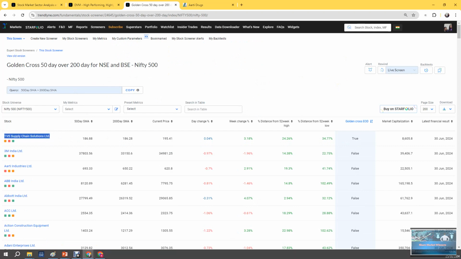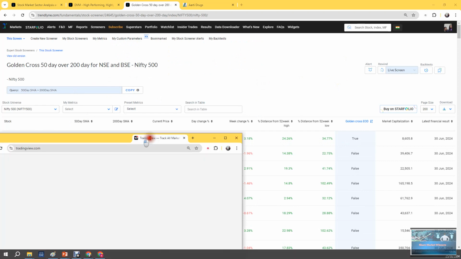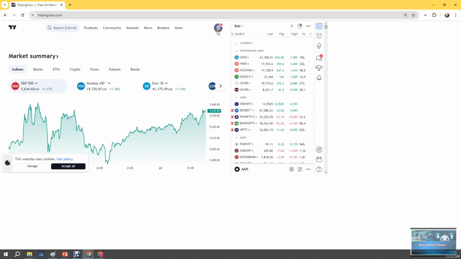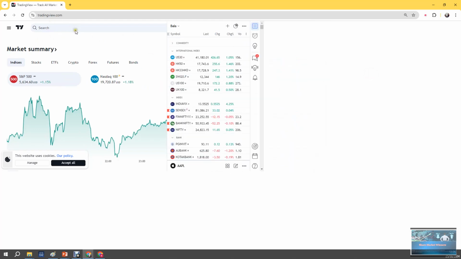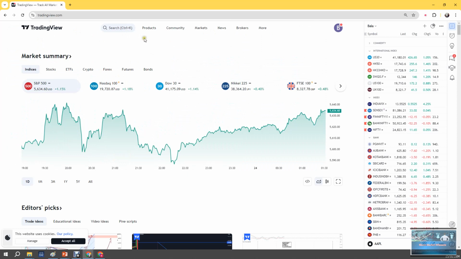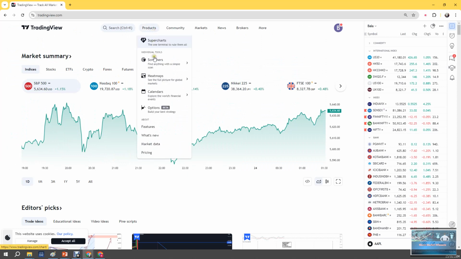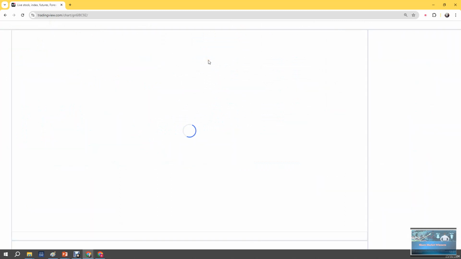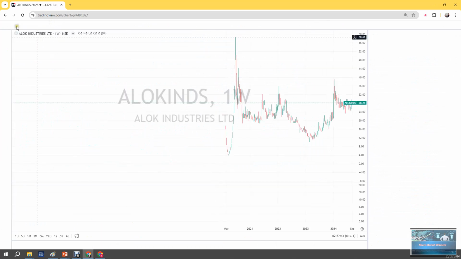Okay, let me bring up the TradingView. This is a full subscription TradingView which I'm using, professional subscription. So you can see a lot of, let me take the stock screener, that I will take later. But for now, I will click on the chart view, super chart.